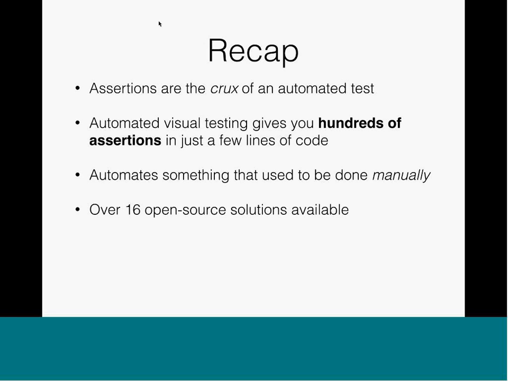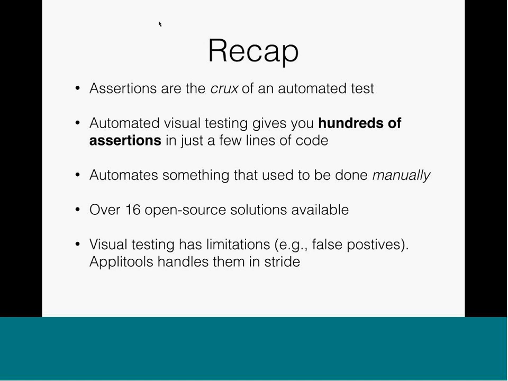And it's worth noting that there are over 16 open source solutions available for doing automated visual testing. And with each one, there are limitations. There's false positives and things like that. And I've tried most of them. Of everything I've tried, Applitools is the one solution I found that can actually address these false positive limitations without having to resort to tweaks that ultimately lead to more headache later on.